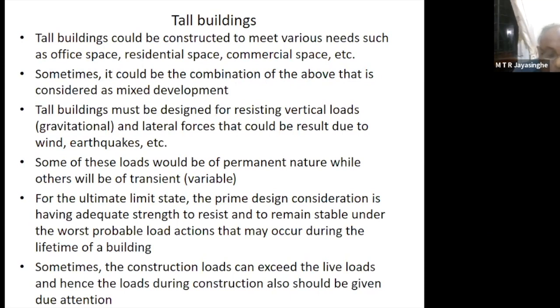You must not go for this kind of very low factor of safety like 2.5. You must go for a much higher factor of safety like 4 or 4.5. The reason is, the moment the factor of safety is higher, the crack widths will be very small. The moment the crack widths are very small, what you find is the durability of the reinforcement will be much higher.